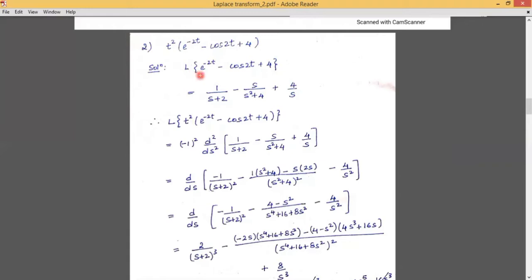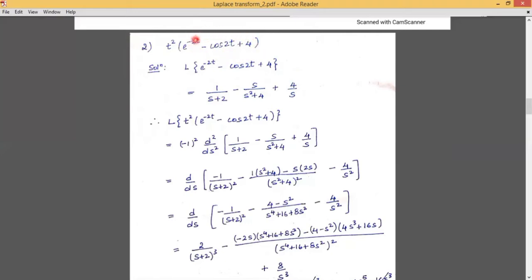The Laplace transform of e power minus 2t is 1 by s plus 2, minus the Laplace transform of cos 2t, which is s by s square plus 4, plus the Laplace transform of 4, which is 4 by s. So this is the Laplace transform of this bracket.